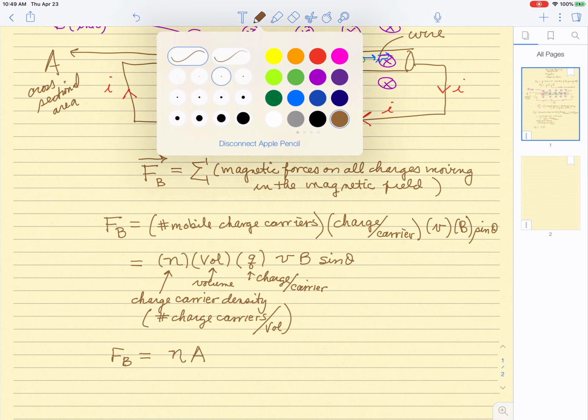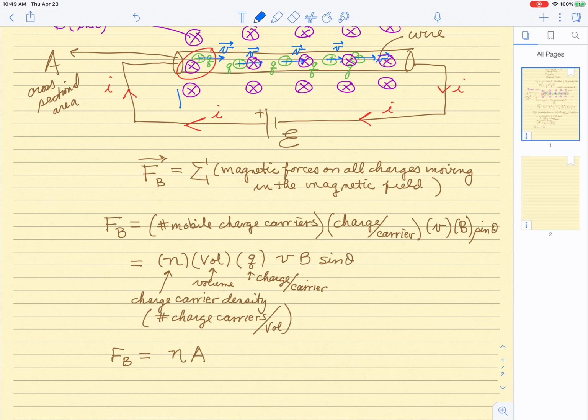And we will also have a relevant length of the wire in the magnetic field. I know this diagram's getting a little crazy, but all the pieces are there.